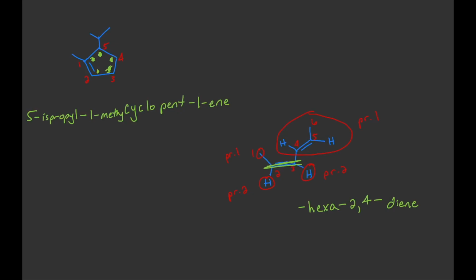So for the alkene starting at carbon 2, we will say that this alkene is Z because both highest priorities, so priority 1s, are on the same side. So again, these go in parentheses.